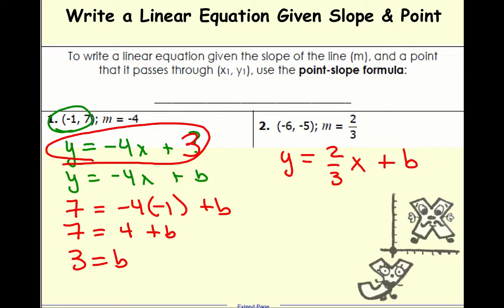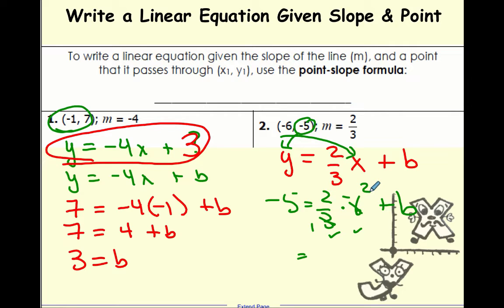Now remember, the next step is to replace the x with a -6 and the y with a -5. So we get -5 equals 2/3 times -6 plus b. Now I'm going to multiply these two. Remember, 3 goes into 3 once, and it goes into 6 twice. Positive times negative is negative, so -2 times 2 is -4.